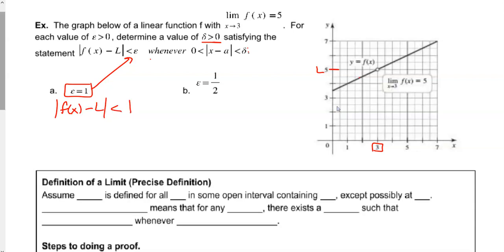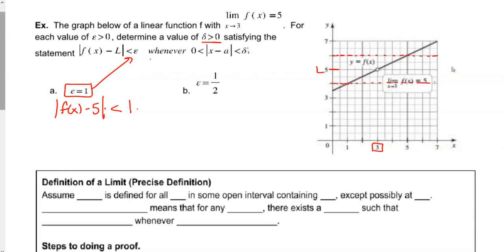So if I have some function value that's less than 1 away from this limit, that means I could go above 5 by 1, I could go below 5 by 1, and still hold true with this inequality. Actually, let me exchange that L for a 5, since that's what it's actually equal to. So the absolute value of f of x minus 5 is less than 1. So I'm going to say, okay, go 1 above 5 and 1 below 5.